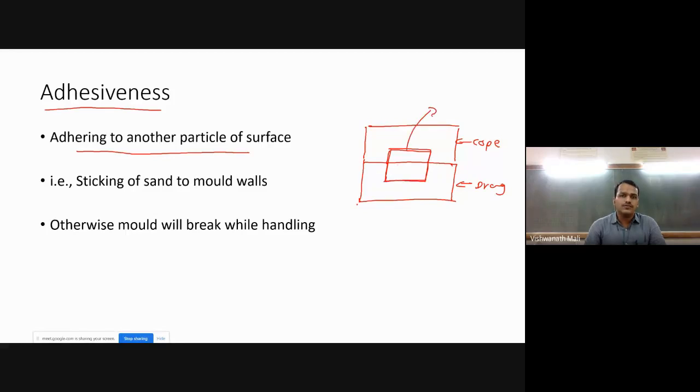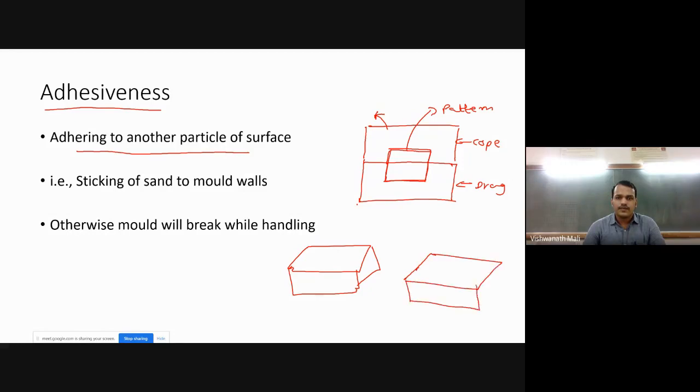Now we want to remove this pattern. To remove this pattern, what do we need to do? We need to detach this cope from the drag. Now this is our cope and this is our drag.